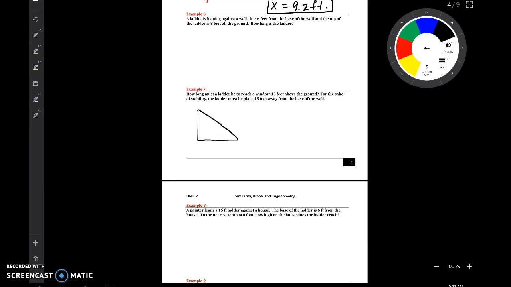Okay, how long must a ladder be? So that'll be our unknown, the hypotenuse, to reach a window 13 feet above the ground, and the ladder must be placed 5 feet from the base of the wall. Okay, so the wall and the ground form a right angle. The ladder represents the length of the hypotenuse. So setting up our Pythagorean theorem, leg squared plus leg squared equals hypotenuse squared.